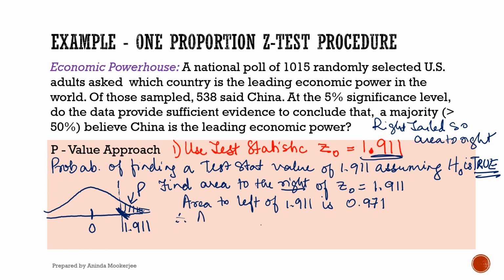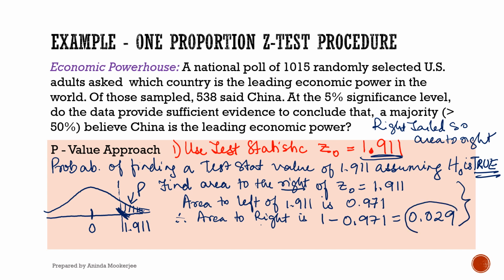Therefore, area to right is 1 minus 0.971, which is going to be equal to 0.029. So all this represents the first step, the p-value. So this is our p-value. 0.029. That's our p. So p equals 0.029.